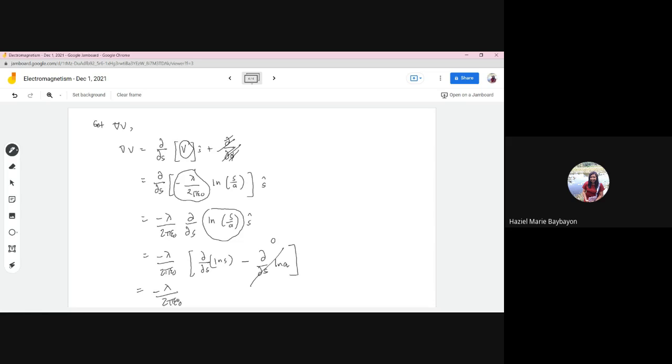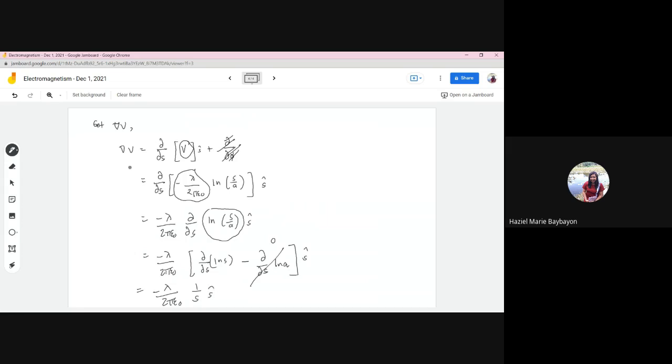So that is equal to, did you follow, class? The partial derivative of ln S with respect to S, or the derivative of ln x with respect to x, is 1 over x, or in our case, 1 over s prime.